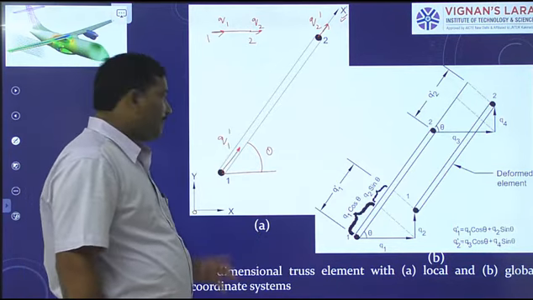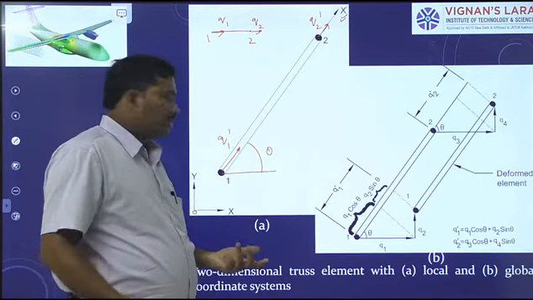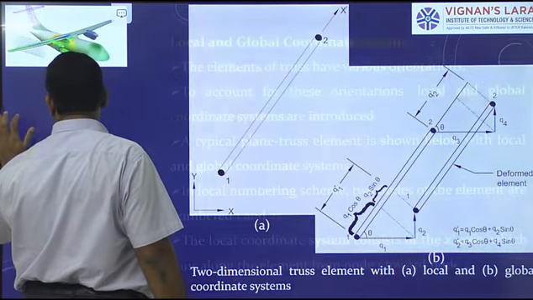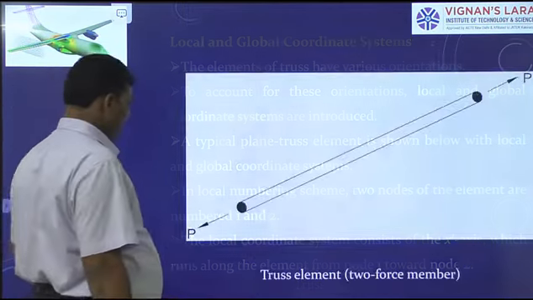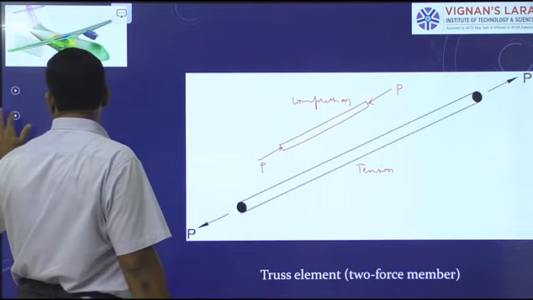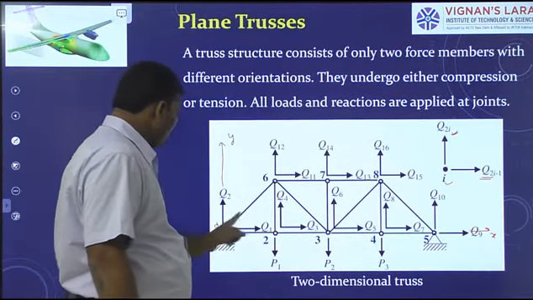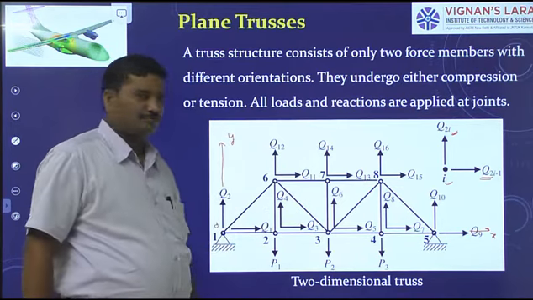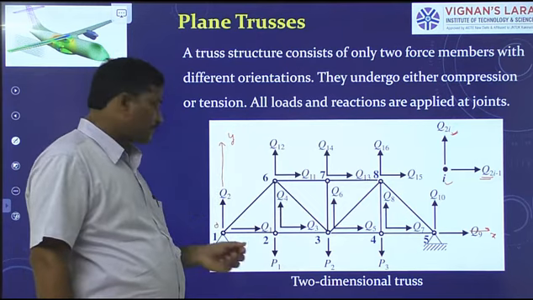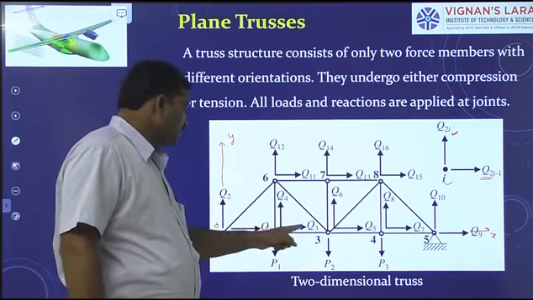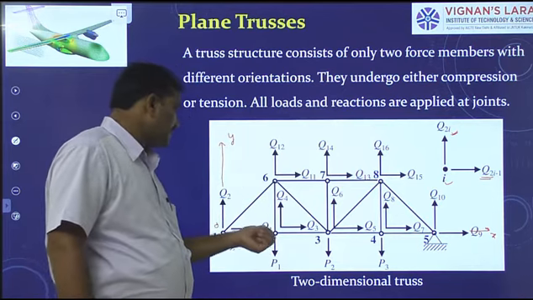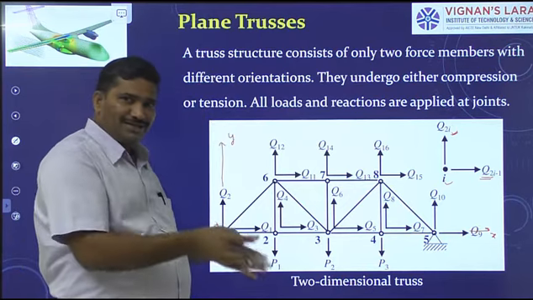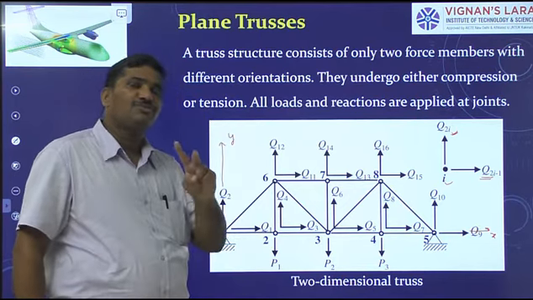But if you observe the entire truss, node 1 has how many displacements? 2 displacements, Q1 and Q2. These are the global displacements of node 1. Q3 and Q4 are the global displacements of node 2, because this truss structure is a 2-dimensional truss structure, and each node has 2 degrees of freedom.